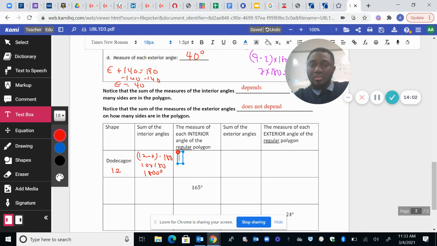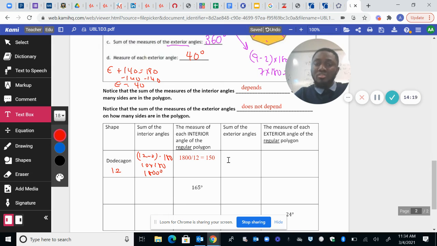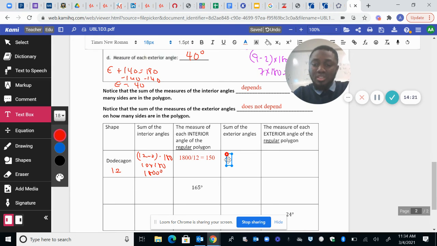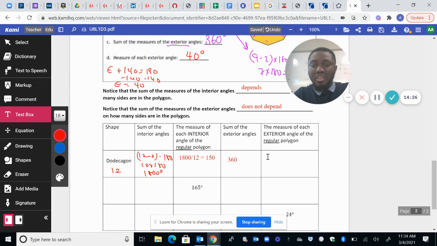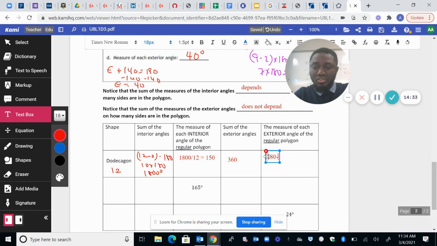The measure of each one is 1800 divided by 12 sides, and the outcome is 150. The sum of exterior angles in any polygon is 360, and each exterior angle is 180 minus each interior, which is 150. So the outcome is 30.